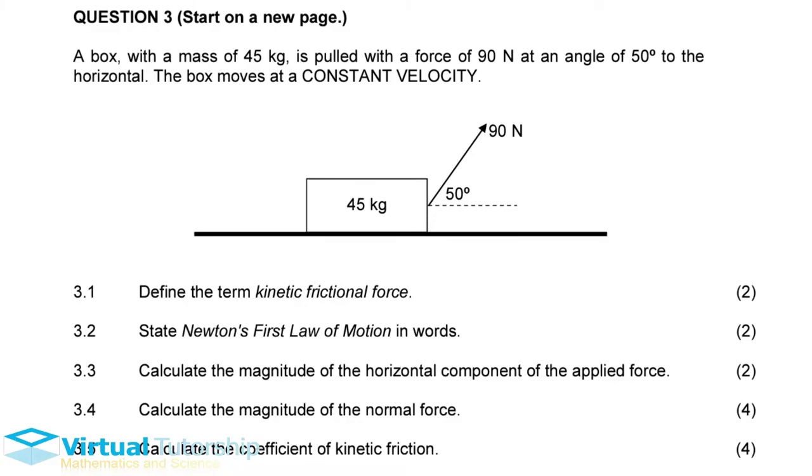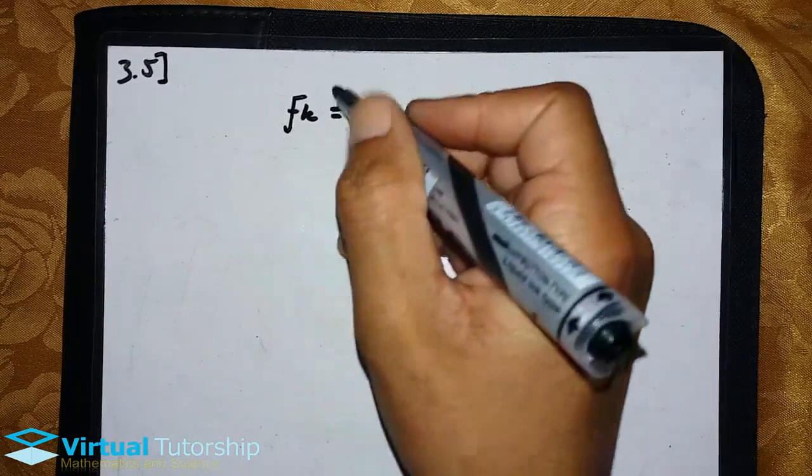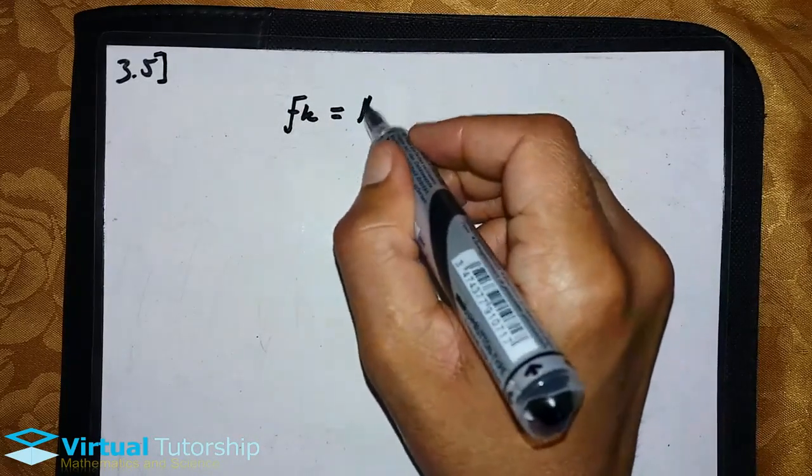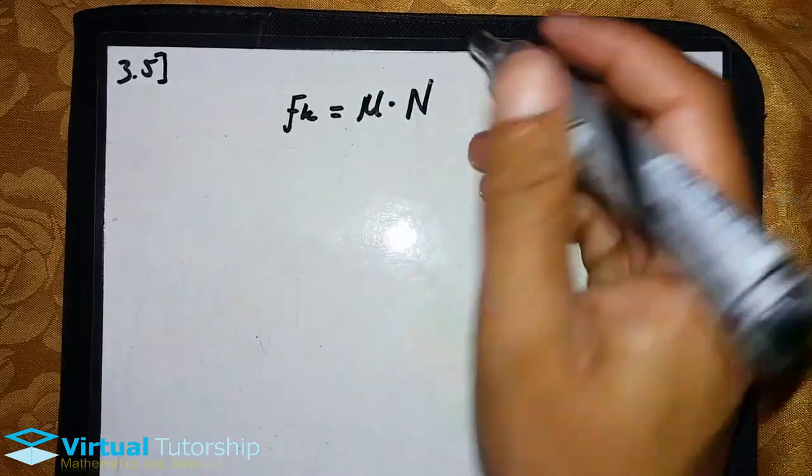Okay, now 3.5. With 3.5 we see they say calculate the coefficient of kinetic friction. So kinetic friction is calculated as Fk is equal to mu times normal force.